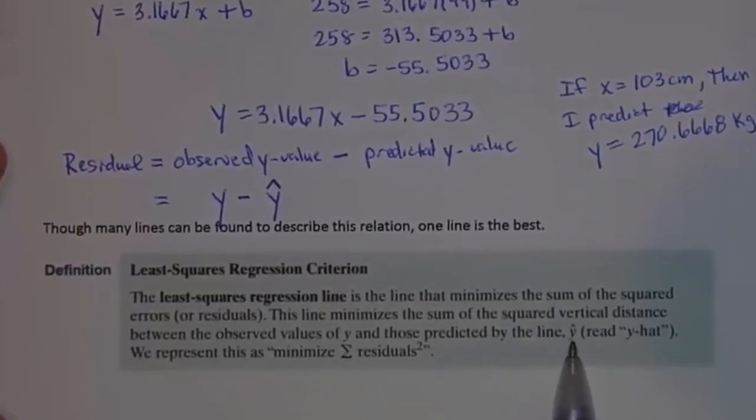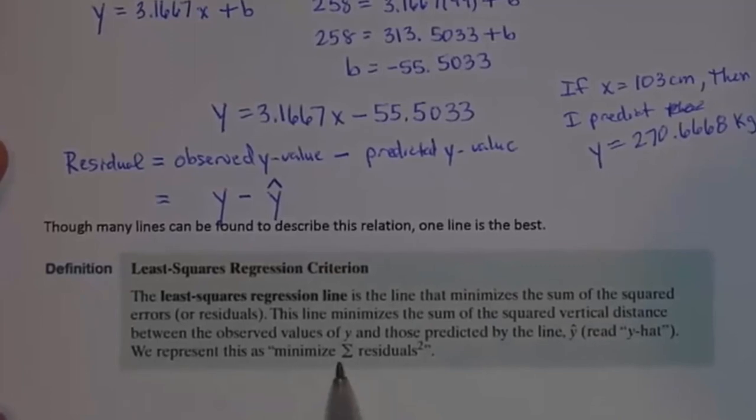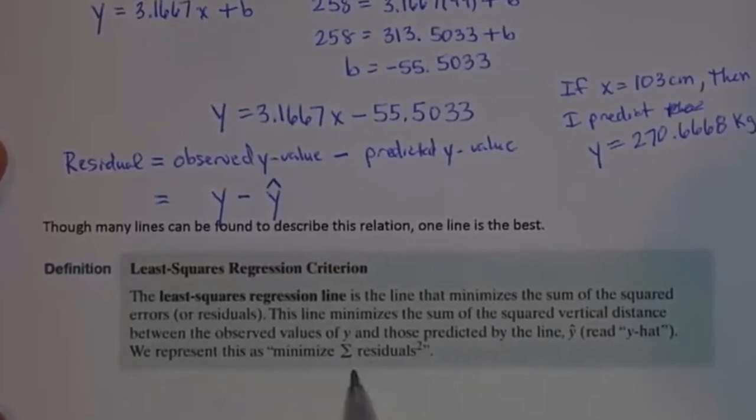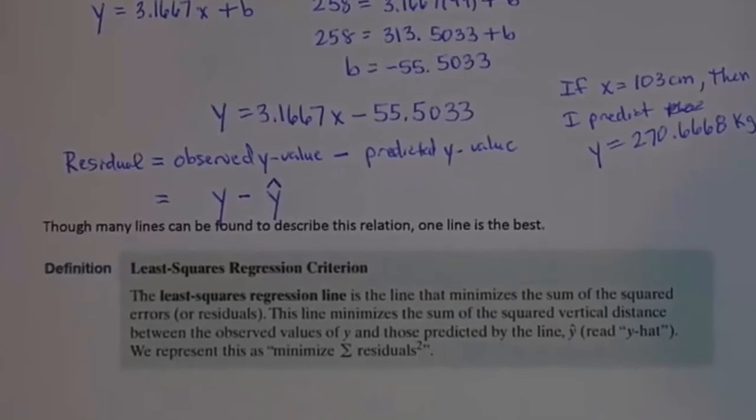So there's that notation, y hat standing for predicted values. We represent this as minimize sigma residuals squared. So we are finding the sum of the squared residuals, and the line that has the smallest sum of squared residuals is the best line. And again, that's called the least squares regression criterion.